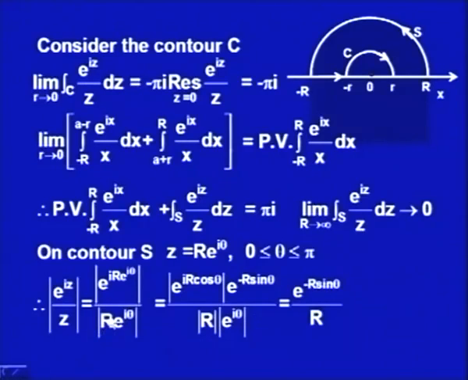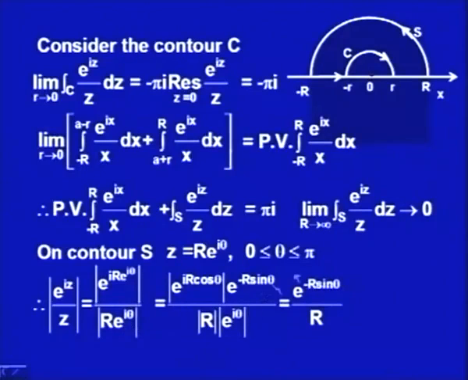The denominator would be mod R and the mod of e^{i theta}. The mod of e^{i theta} and the mod of e^{i R cos theta} are both 1, and R is positive because we have taken R to be positive. So the absolute value of e^{iz}/z is actually e^{-R sin theta} upon R. This is true for all z on this semicircle S.